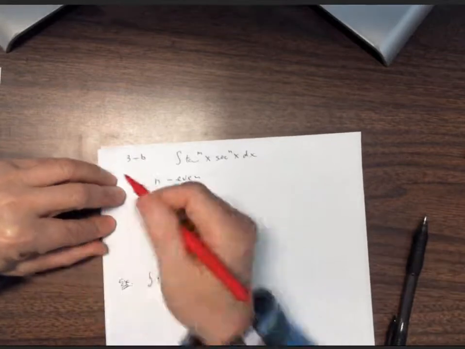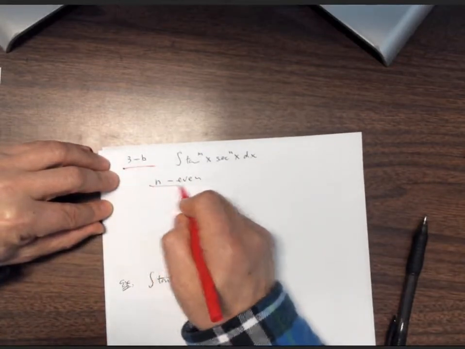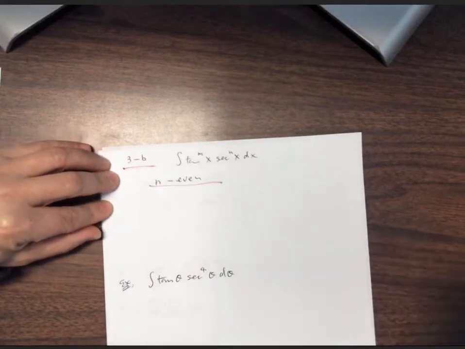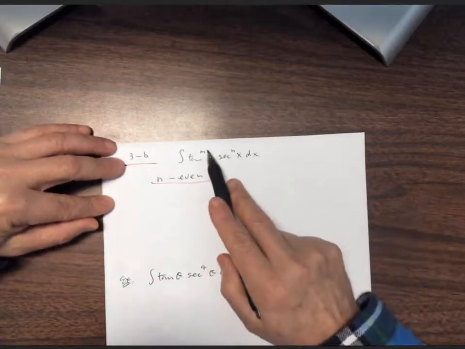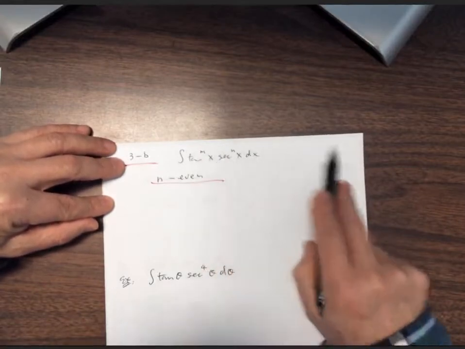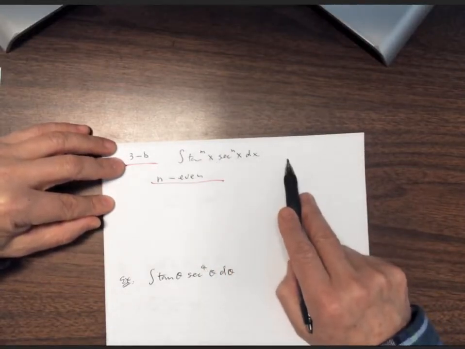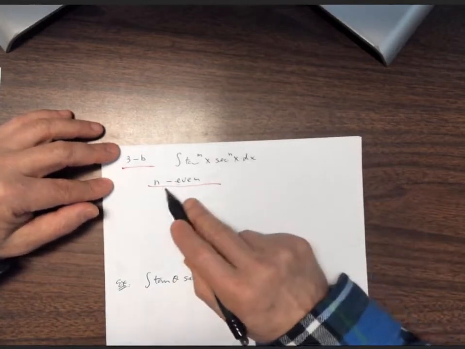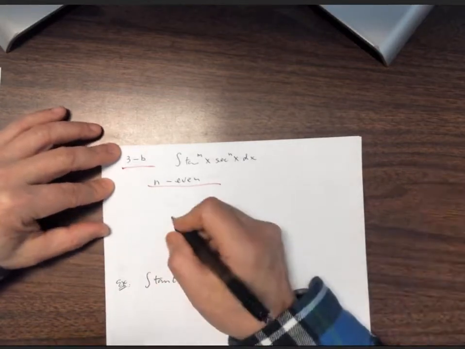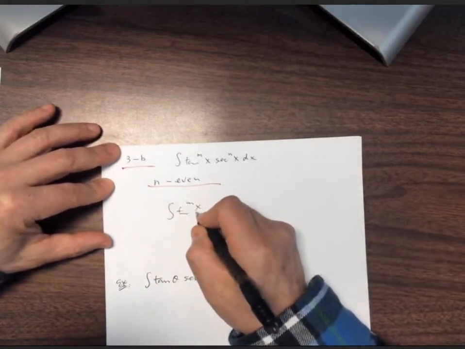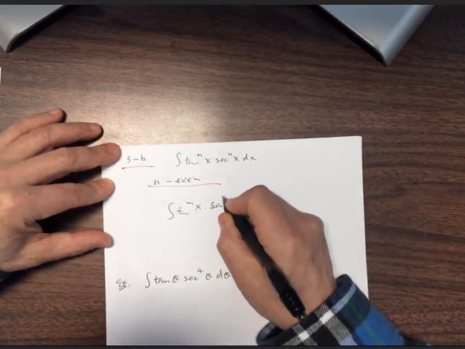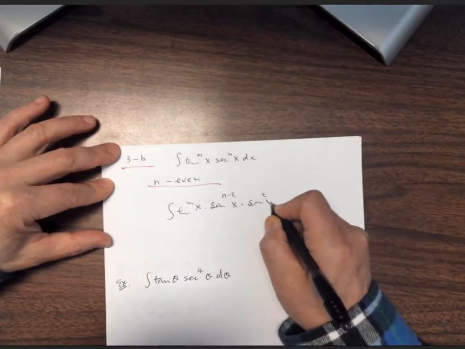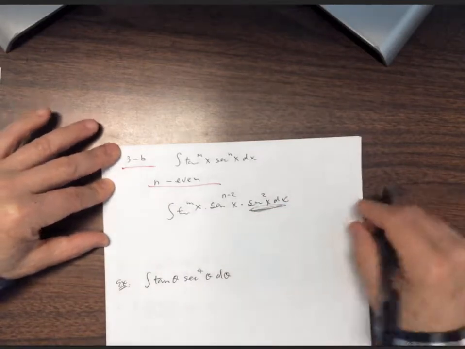Now, second case, n is even. Still the power of tangent and the power of secant, or similarly, the power of a cotangent and the power of a cosecant. Anyway, the second power this time is even. Well, in this case, what we do is get 2 copies of secant and use them as a supporting factor.